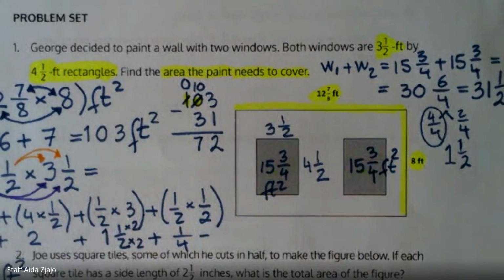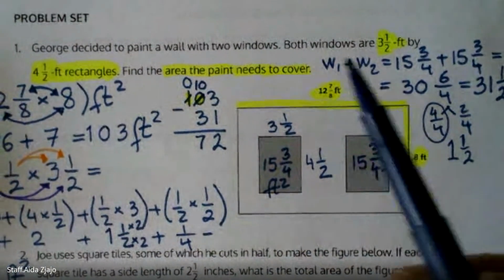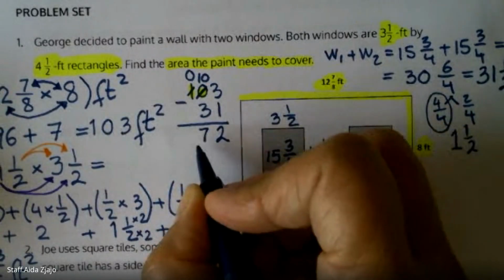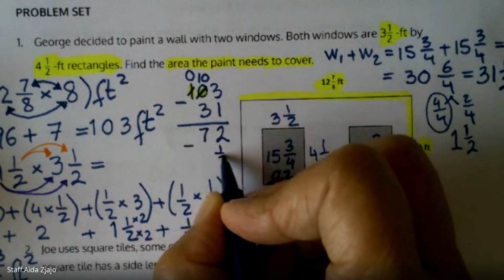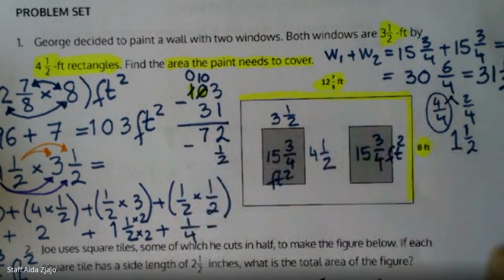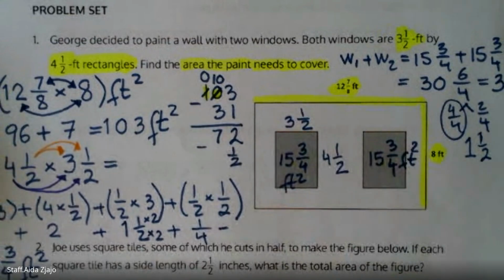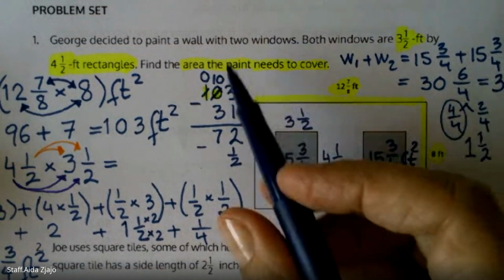71 and a half. So you can say minus half equals 71 and a half. I'm going to find a room right here to write. Find the area the paint needs to cover.